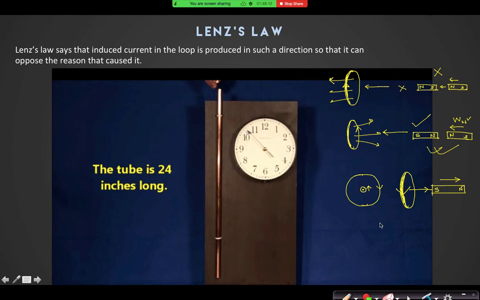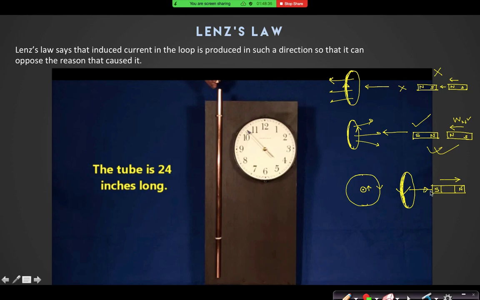Do you understand how I get the direction of current? This one, Sir. I have a north pole and south pole, and I am taking this north pole away from the loop, so that the magnetic field lines are in this direction, right?